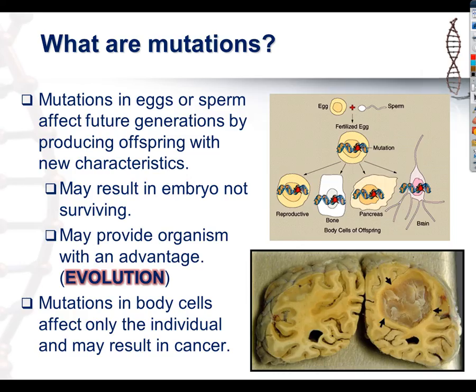That is leading toward natural selection, where the organism is developing genetic variability to enhance the mutation, because that mutation enhances its chance of survival based on changes in the environment. Mutations in body cells affect only the individual, like, for example, in the case of cancer.